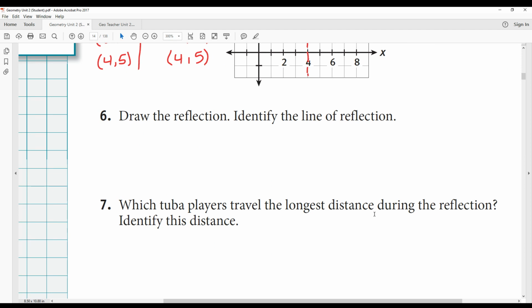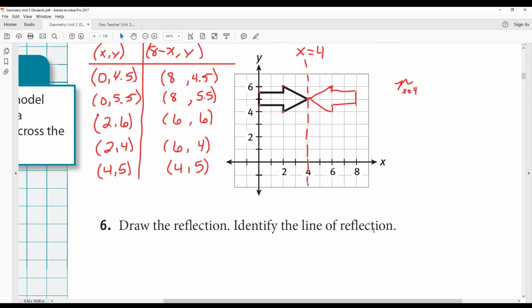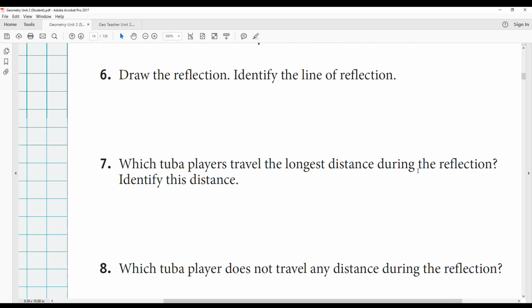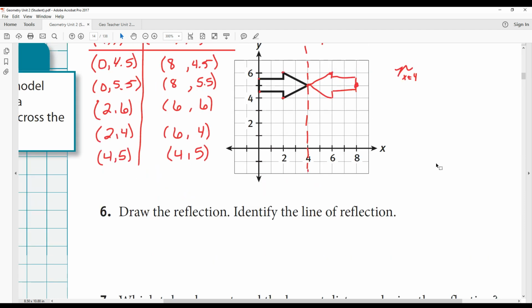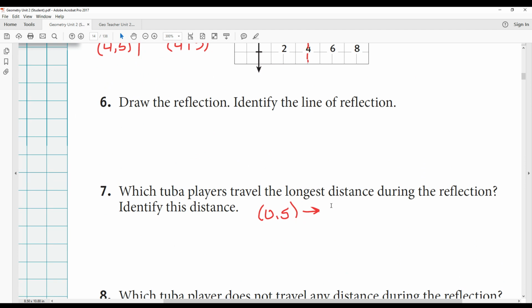Which tuba player travels the longest distance? Well, it would be the longest part of this one, and then he's got to do it again. So this poor dude right here has got to travel the longest distance. So it's the guy at 0, 5, because he has to go all the way to 8, 5.